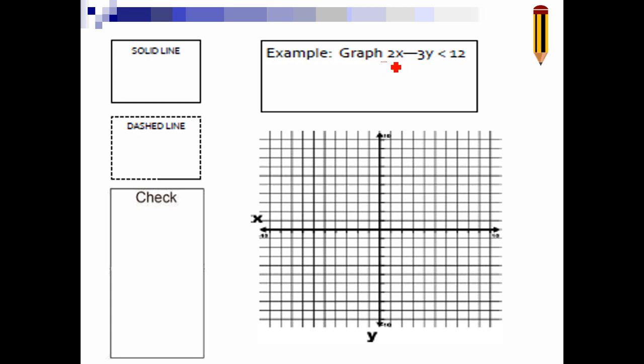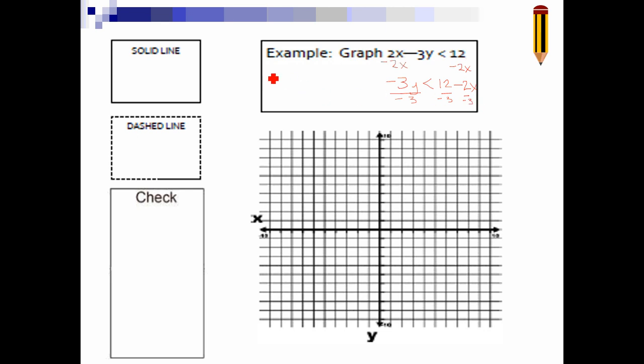I'm going to subtract the 2x from this side, subtract the 2x from this side, and I get negative 3y is less than 12 minus 2x. Now if you like that minus 2x, you can write it first. And then we're going to divide every piece by negative 3 to get the y alone.